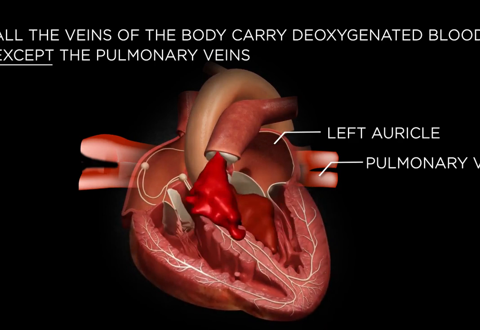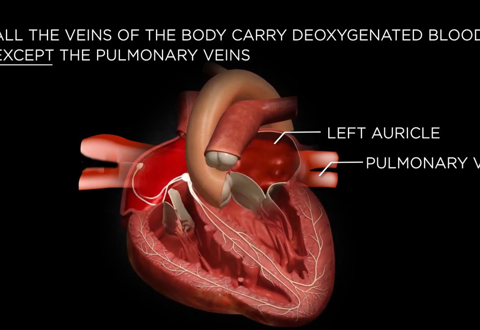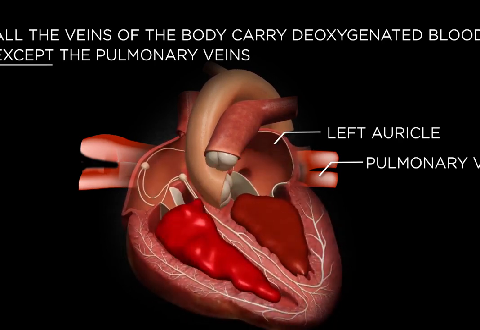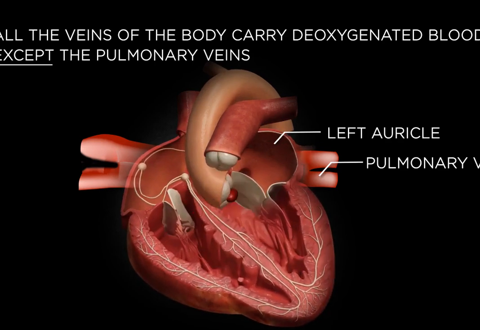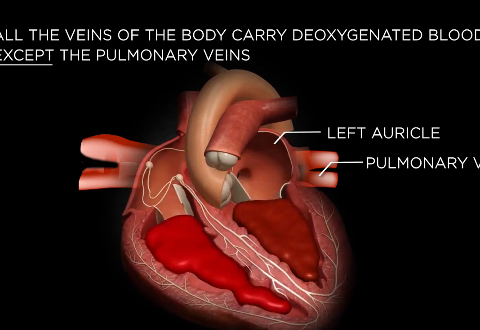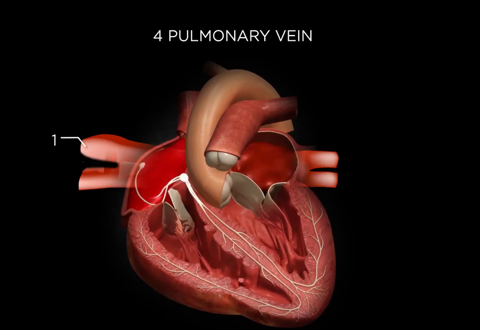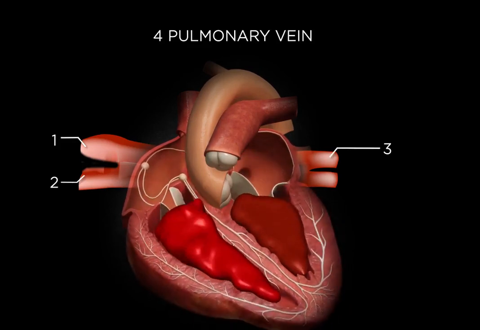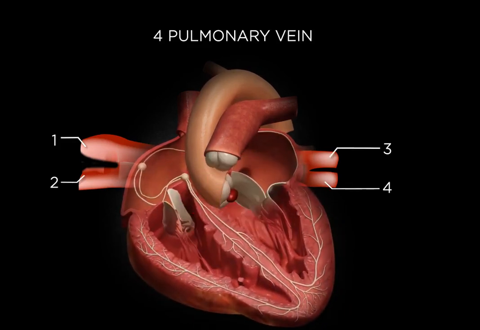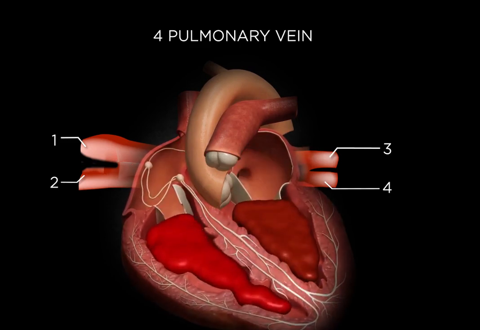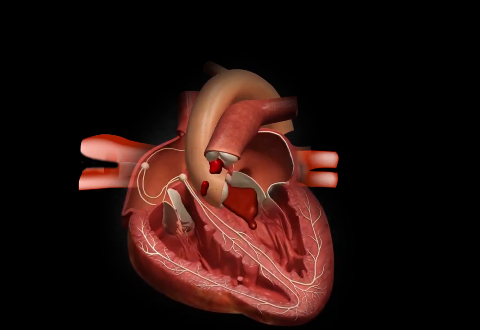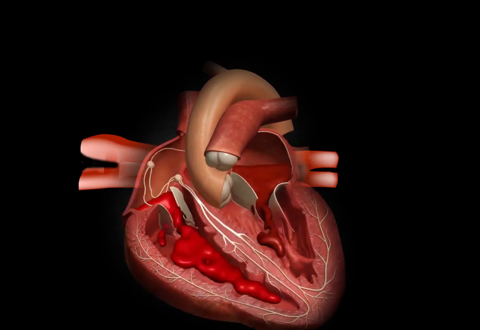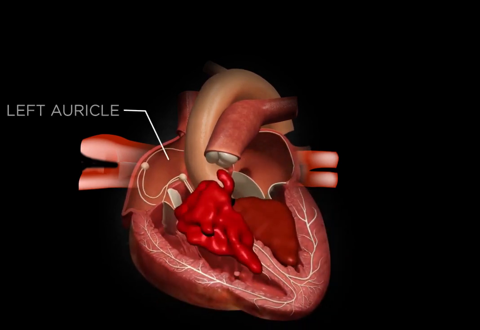The pulmonary veins carry oxygenated blood from the lungs into the left auricle. And how many pulmonary veins can you see? Look here. 1, 2, then there is 3 and 4. These four pulmonary veins have now introduced the oxygenated blood into the left auricle.